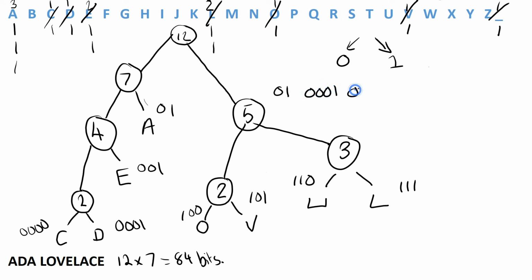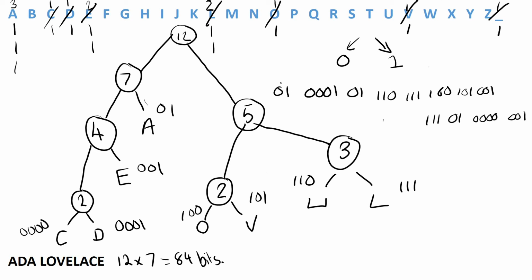The A is 0, 1, and I'm going to forward this for you. So that's all of the letters now encoded into binary.